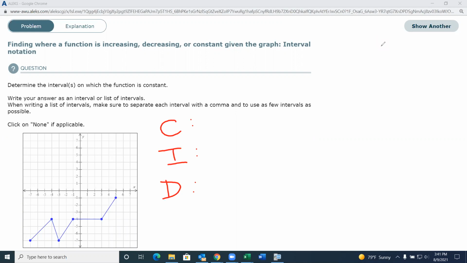All righty, so it's constant where the y values are constant, where the function is horizontal, from x equals -1 to x equals 3. So from -1 to 3, and I'm doing this in interval notation. That's cool. And it's increasing right there from -7 to -4.